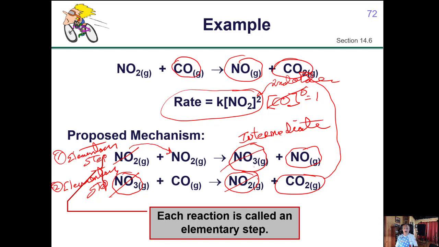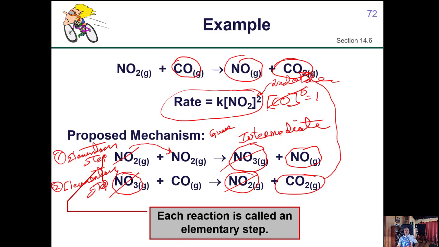Okay, so I think I'll stop on this slide at this point and just reiterate a couple of things. So the way we get at a proposed mechanism, which is really kind of a guess, it's a hypothesis, is we do a kinetics experiment. We determine the rate law for an overall reaction.